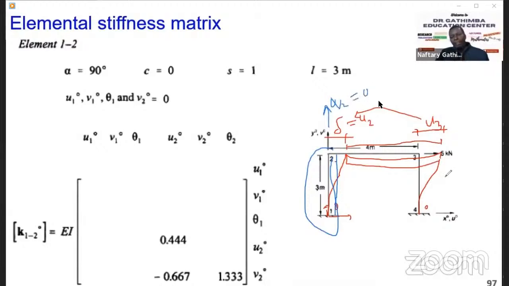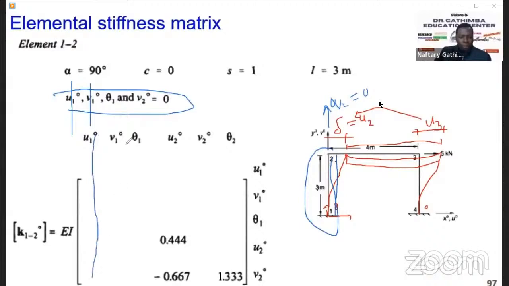Okay. Good. And therefore, these boundary conditions enable us to know that at the end of it, we'll be able to remove these rows and columns, U1, V1, theta 1, and V2. And that's why, to simplify our workings, we have assumed that this one will be removed later on. Okay.